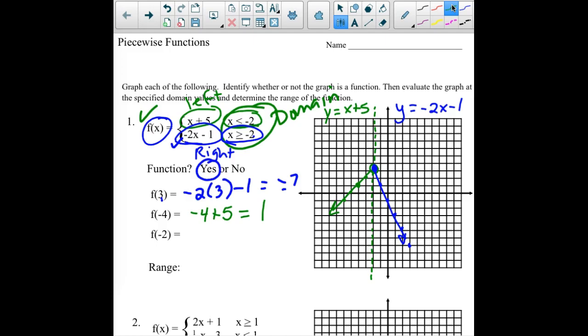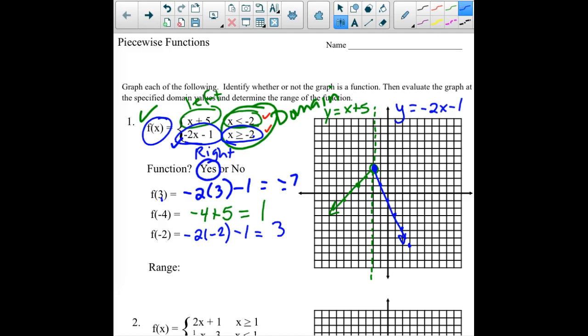Because I see -2's in 2 spots here, right? Those both say a -2, but which one has it equal to -2? The bottom one. So we have to use the bottom one. Does that make sense? Which gets us 3. Okay.